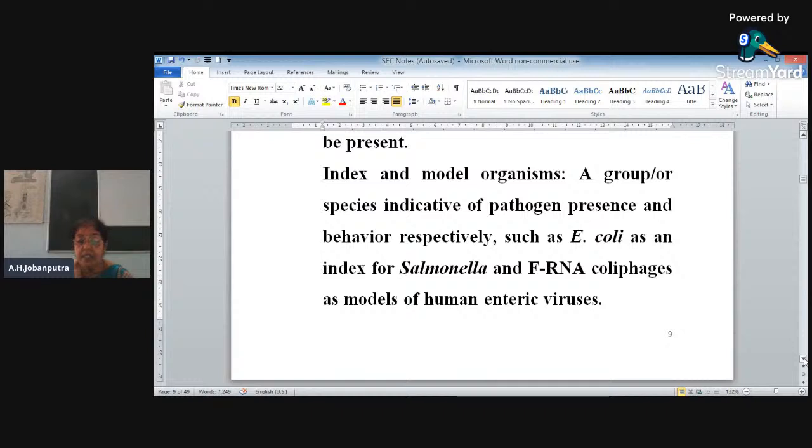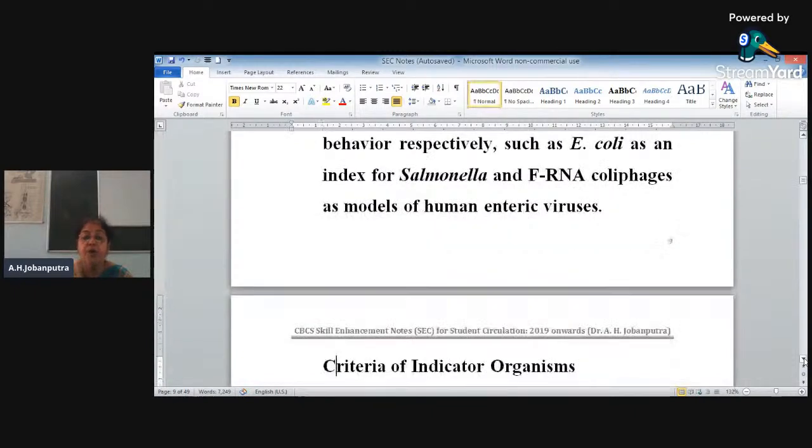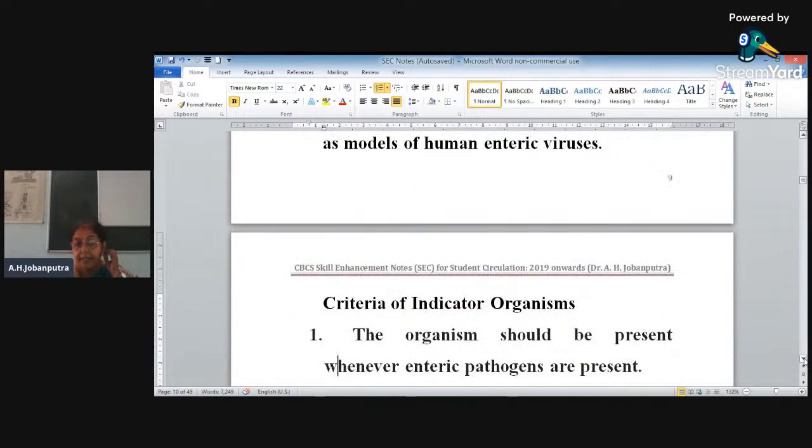So those viruses are definitely present if FRNA coliphages are present in water. So these are the index and model organisms. Index organism is with respect to another organism which is a pathogen. So E. coli is an index for Salmonella. FRNA coliphages are index for or models of human enteric viruses.